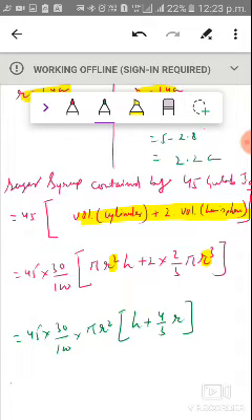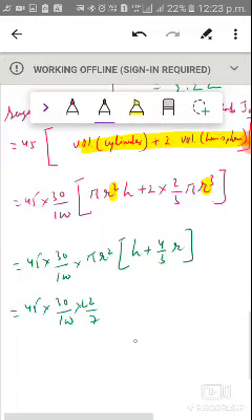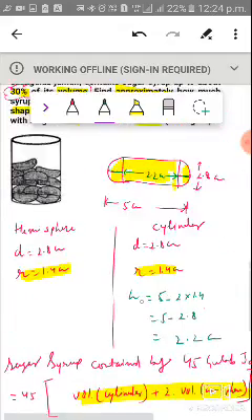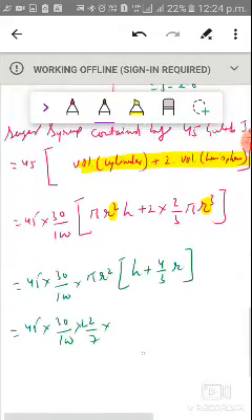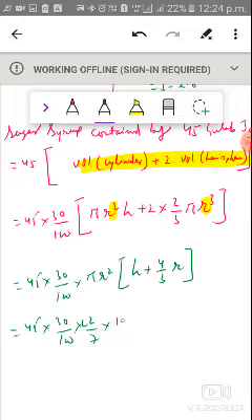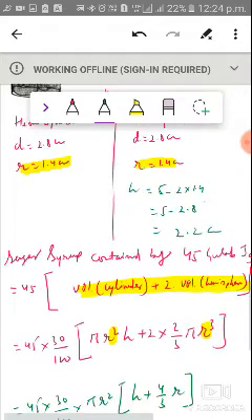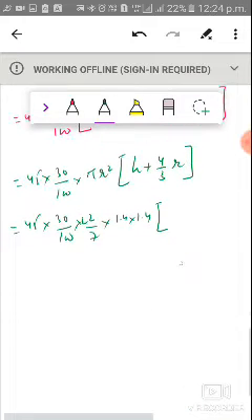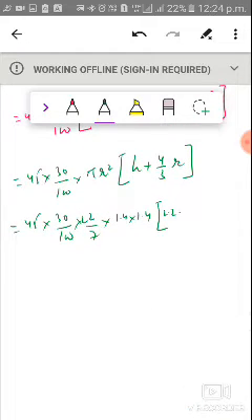Now, 45 multiplied by 30 by 100, pi is 22 by 7. r is 1.4, so in place of r we will write 1.4. We can write 1.4 multiplied by 1.4. We calculated h as 2.2, so we will write 2.2 plus 4 by 3 multiplied by r, that is 1.4.